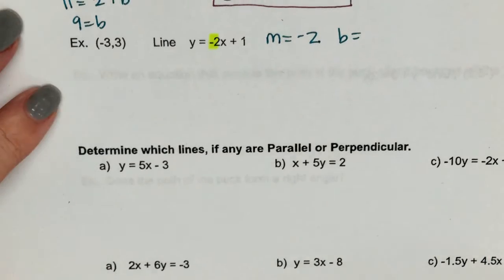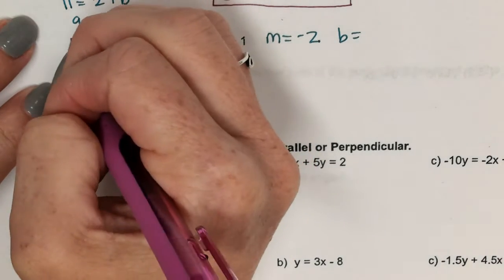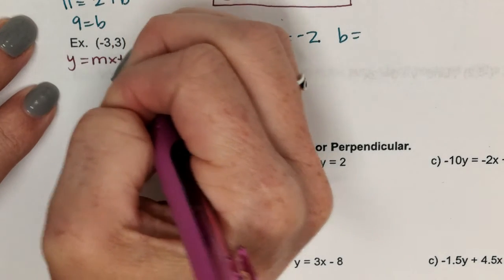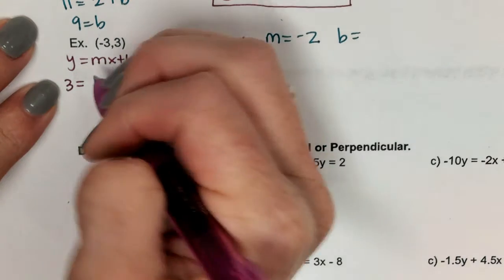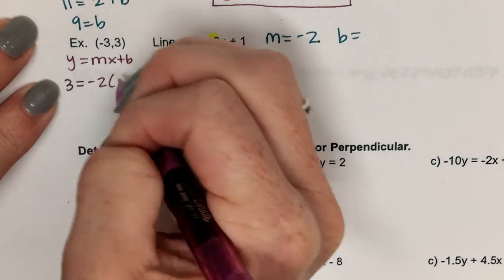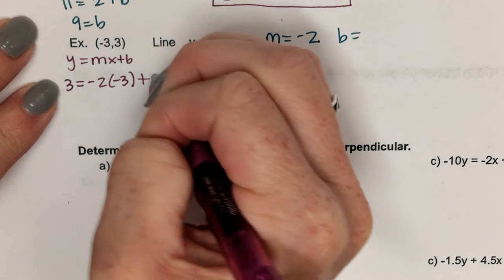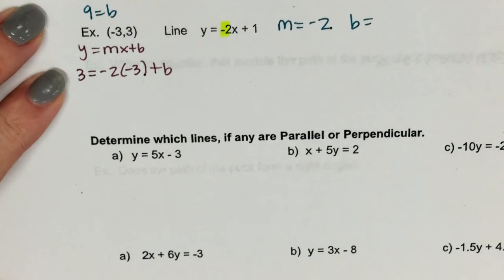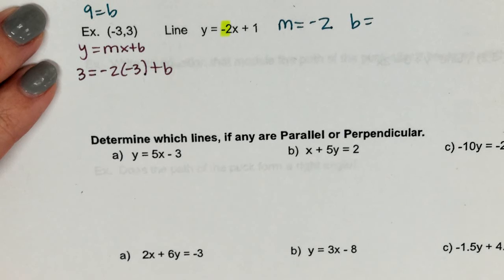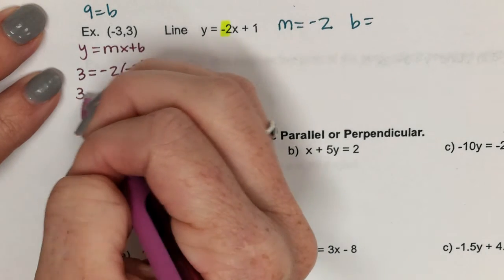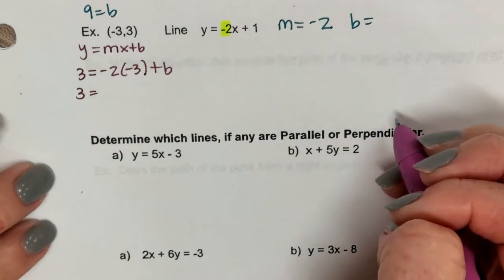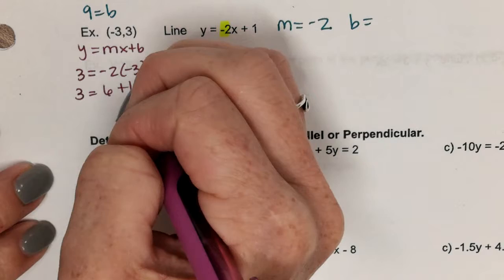Okay, so I have y equals mx plus b, where I'm going to plug in 3 for y, negative 2 for m, and negative 3 for x. So I have 3 equals, and negative 2 times negative 3 is positive 6 plus b.